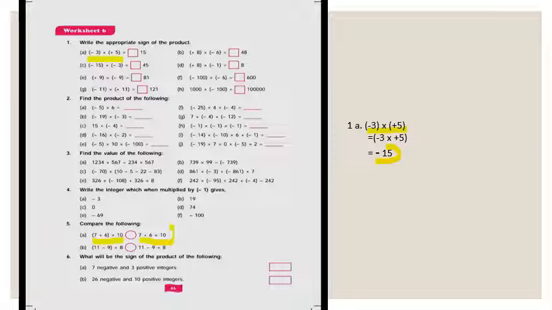In question number 6, what will be the sign of the product of the following, means you have to answer the sign only. The sign of your answer is your required answer. 7 negative and 3 positive.